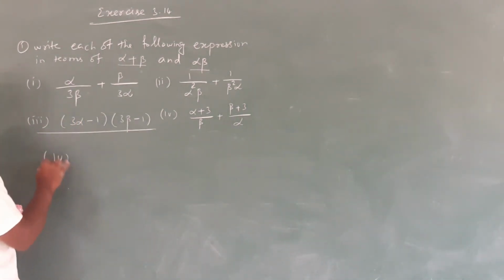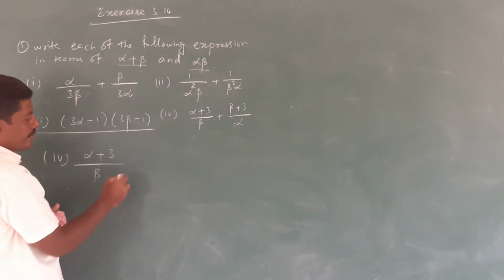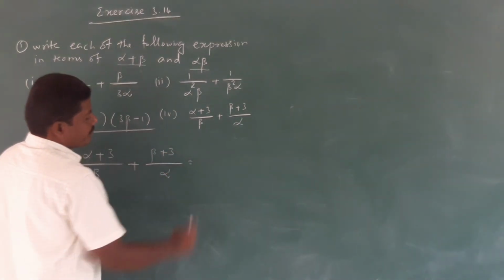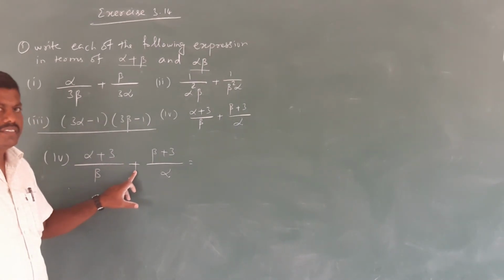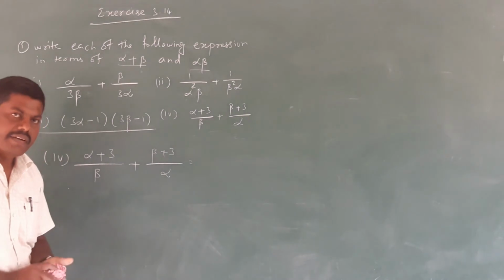Question number 4: alpha plus 3 divided by beta plus beta plus 3 divided by alpha. Understand? Both ratio expressions are in addition and the denominators are outside, so again we do cross multiplication.